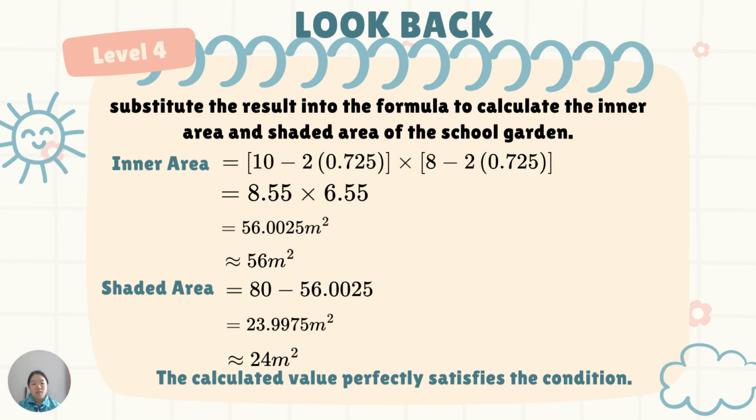When we approximate it, it will become 56 square meters. Then for the shaded area, we put in the answer that we have just found for the inner area: 80 minus 56.0025 equals 23.9975 square meters.